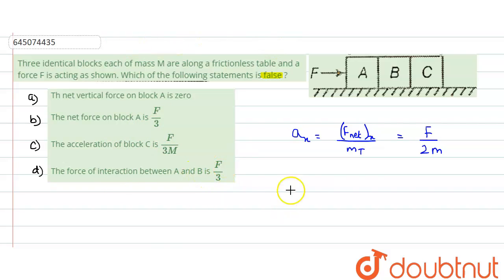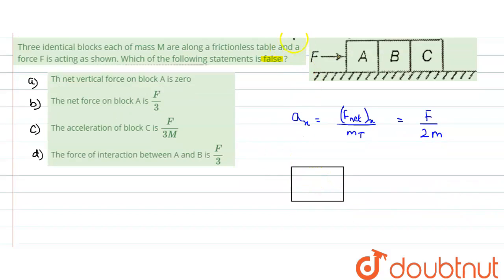Now, first of all, we just draw the FBD of our A. This is our A. So what are the various forces which are acting? There is one force here, F, acting. There is no frictional force. Now there would be a force of gravity in the downward direction, and there would be a normal reaction from the surface in the upward direction.